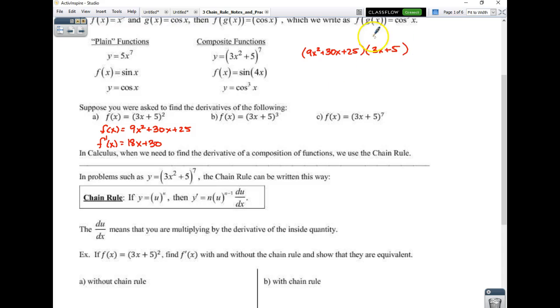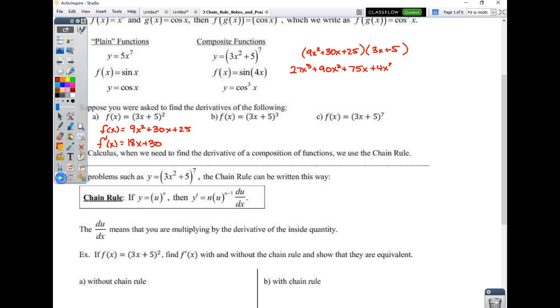All right. So 3x times 9x squared. 3x times 30x. 3x times 25. 5 times 9x squared. Whoa, I wrote the wrong number. 45x squared.